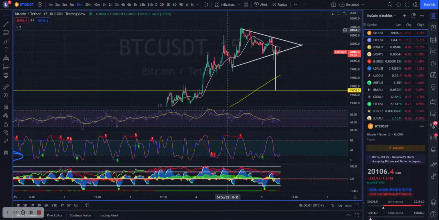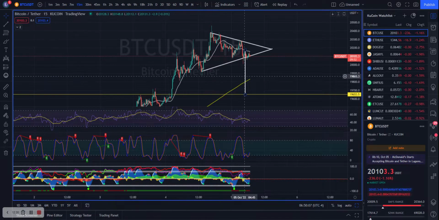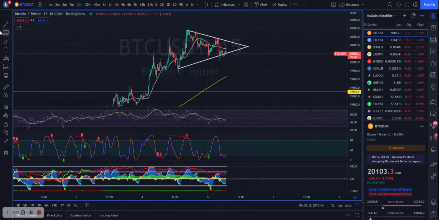Now, on the 3-day, we were in a bear flag. This is coming from the downside, pointing up, so it is going to the upside. So this is a bullish flag, a bull flag. We will take the length of the pole.